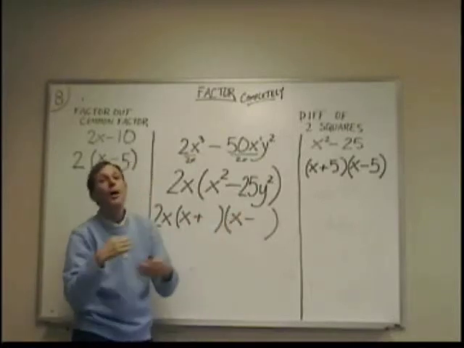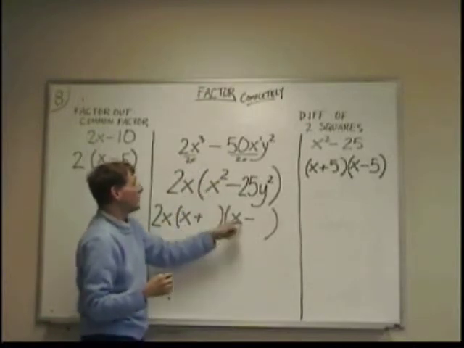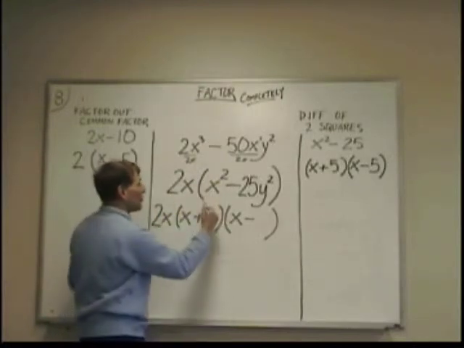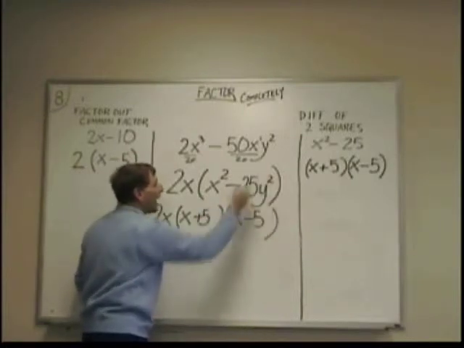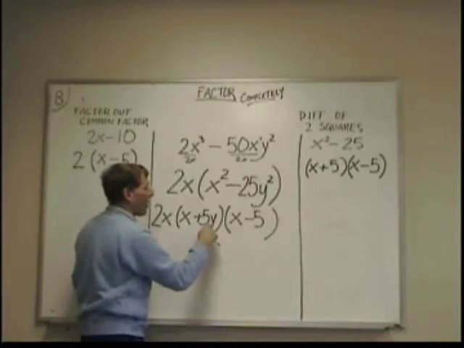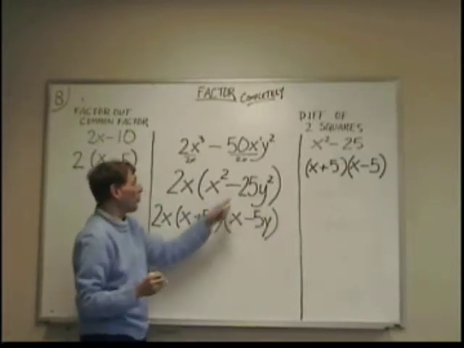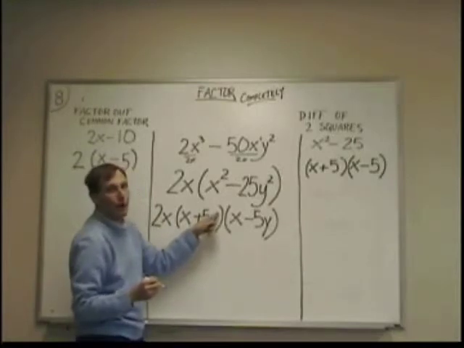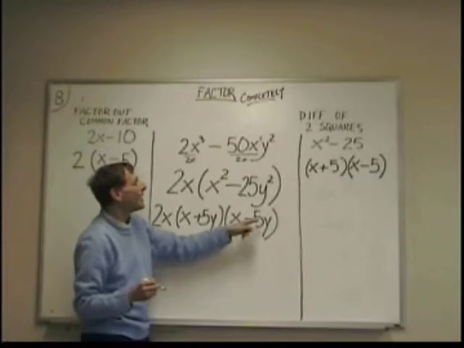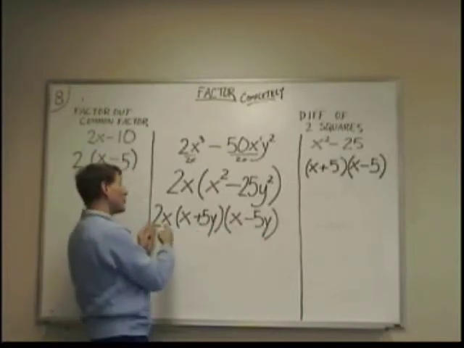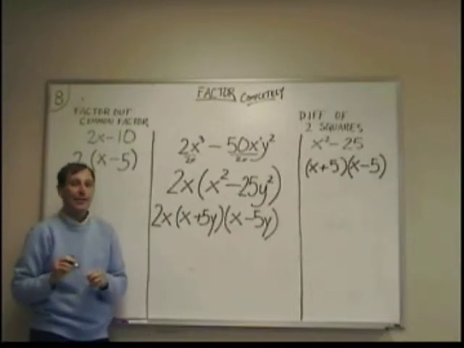You could do that right away. And half the exponent. And now I take the root of the 25, which is 5, and half of the y on each, 5y. Half of 2 is 1, and remember, we don't put in those 1s. So I have x plus 5y, x minus 5y, and the 2x outside. Now that is factored completely.